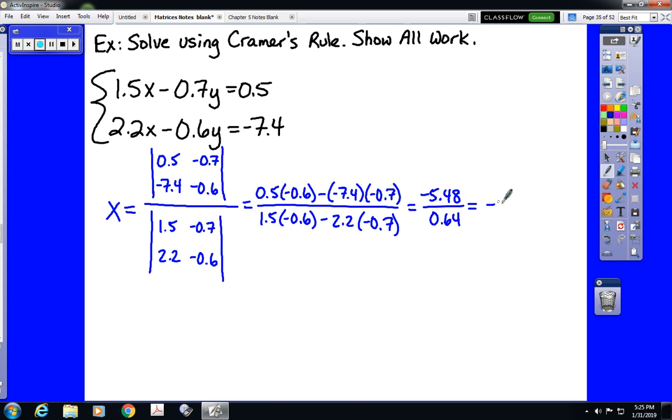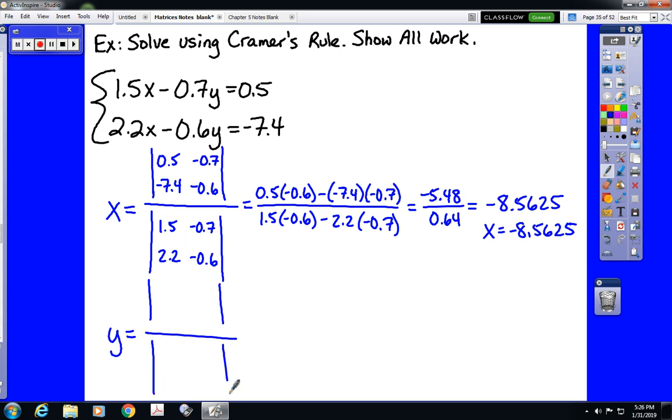That would be negative 8.5625, which would be our x value. Now, as a fraction, that's actually a pretty nice fraction. That's over 16, but we're not going to worry about converting to fractions because the problem itself is written with decimals.